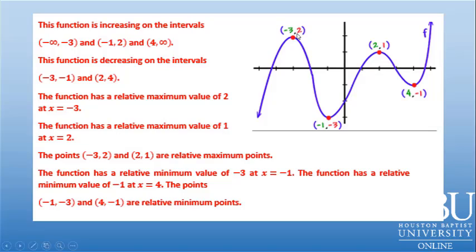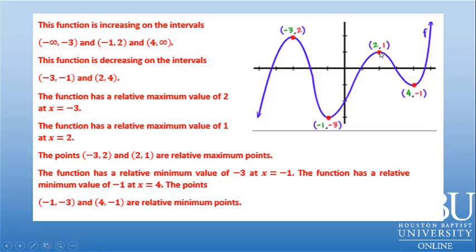Notice that 2 is not the absolute maximum of the function. Over here on the extreme right, the function is going up toward infinity, but 2 is the maximum value of the function in an open interval around this point. We also say that the ordered pair (minus 3, 2) is a relative maximum point of the function.